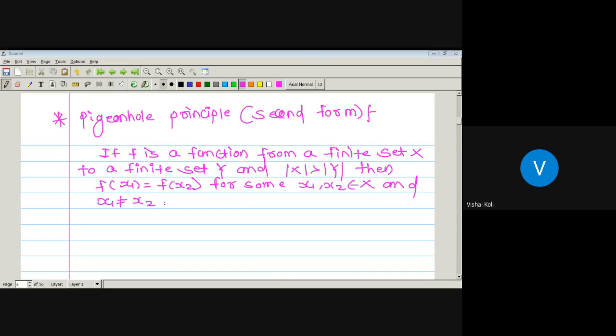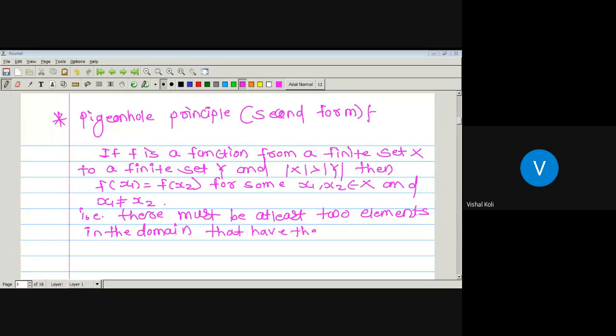It means there is a function f defined from set X to set Y such that at least 2 elements in set X have the same image in Y. That is, there must be at least 2 elements in the domain that have the same image in the codomain.